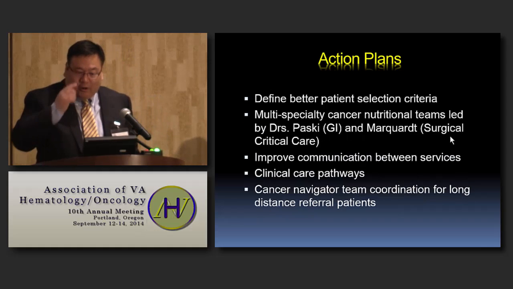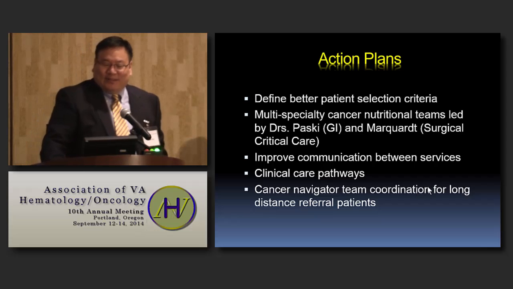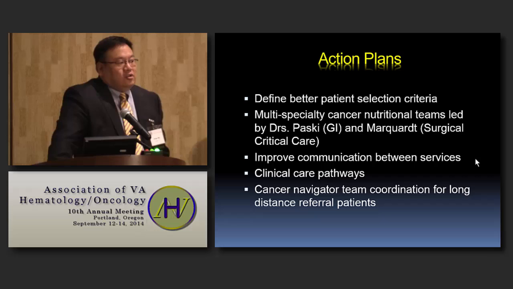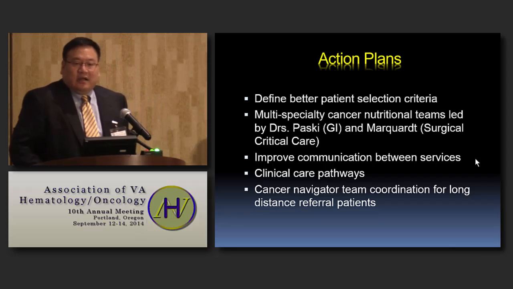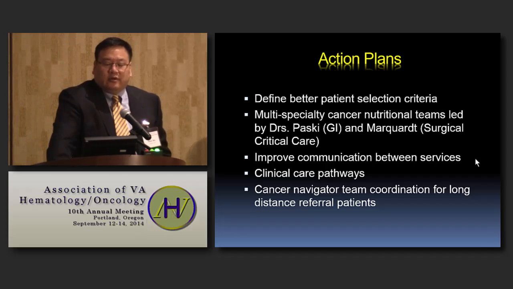I know we always raise alarm bells in a VA community when we say the words action plan, so I apologize. But this led us to do an immediate action plan at our cancer committee. We instituted a larger base study to define better patient selection criteria. We recruited clinical champions in both GI and surgical critical care to lead multi-specialty nutritional groups to follow all esophageal cancer patients.